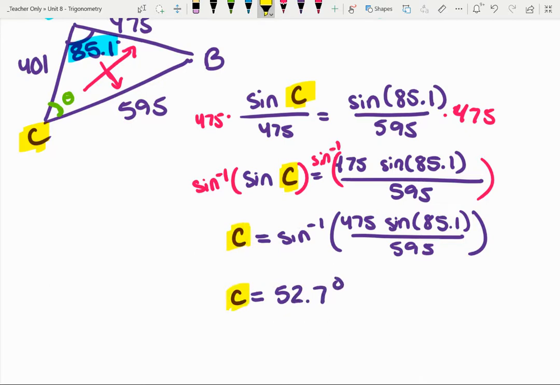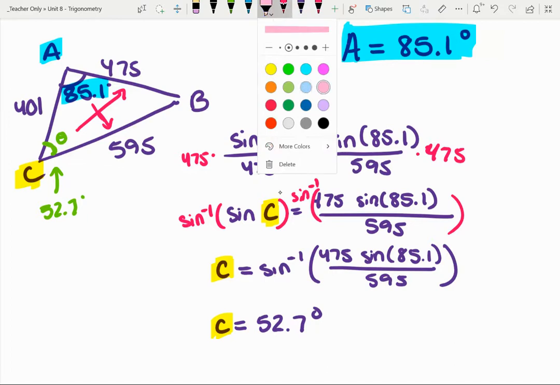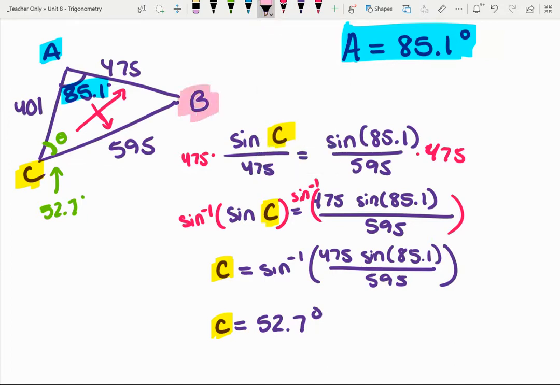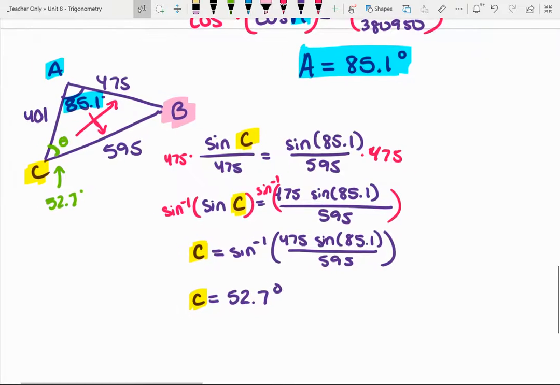So I'm almost there. I've got my measure of angle C, 52.7 degrees. And now I need one more angle measure. I need the measure of angle B. Now I've shown I can use the law of cosines or I can use the law of sines to figure out angle B. However, I have 2 of 3 angles in my triangle. I think I'm going to use what I already know about the relationships between the measures of angles.